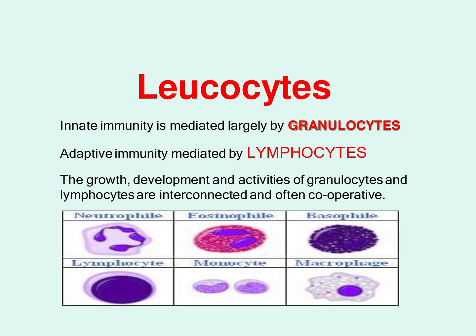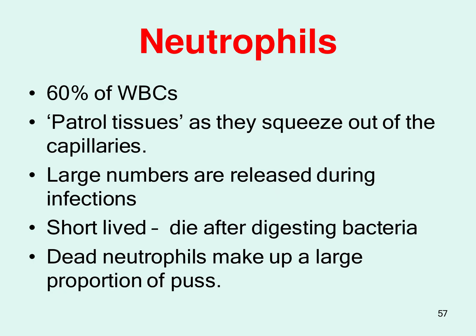Then we have another type of subset, the lymphocytes. We call them lymphocyte subsets, and they come from the common lymphoid precursors, because these are from the lymphoid system.